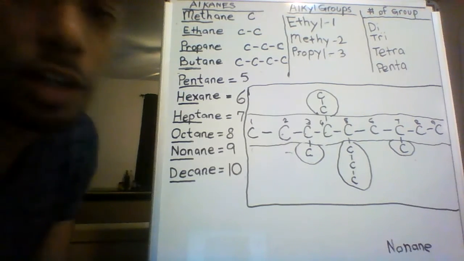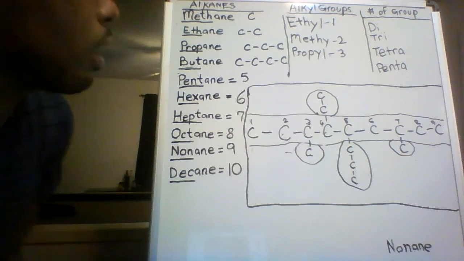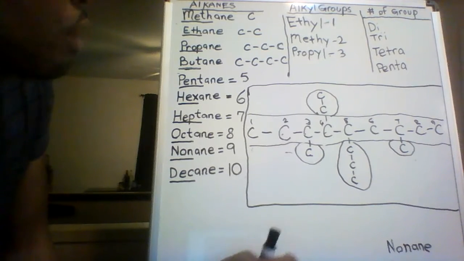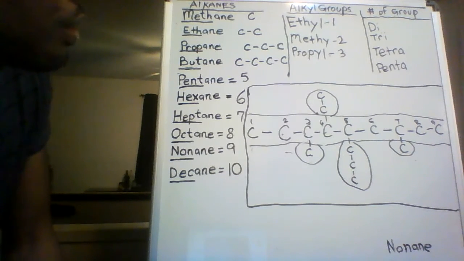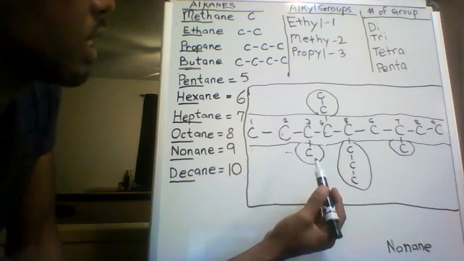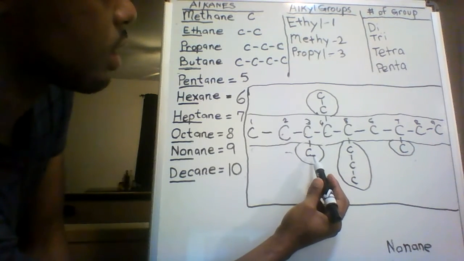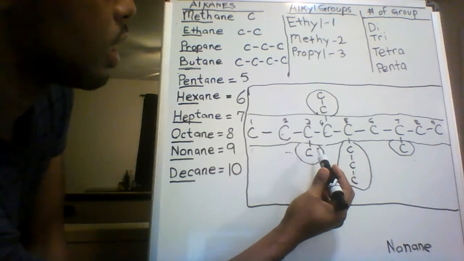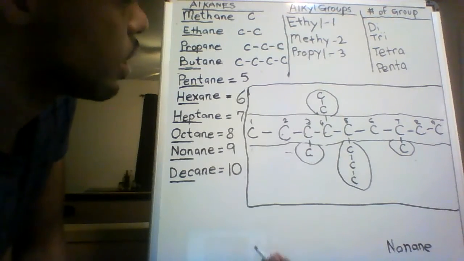So then, when you're naming your alkyl groups, to start naming your alkane further, you want to just start marking them off. So you go to this first one and you're like, all right, this is a single one and that's on 3.